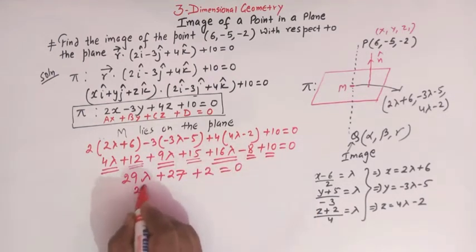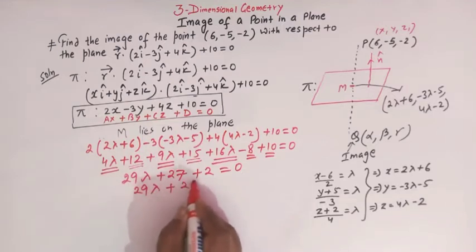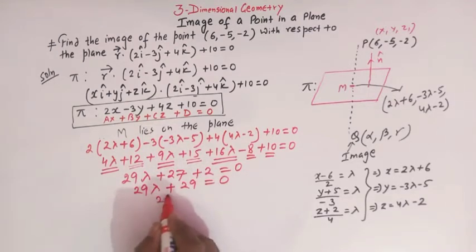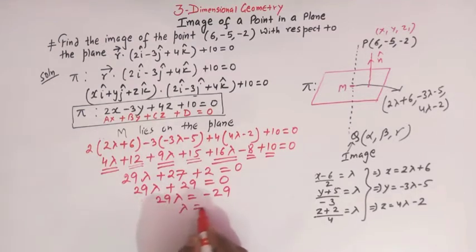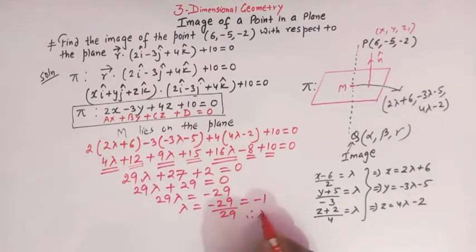Right, so we have 29λ + 29 is equal to 0. 29λ equal to -29, λ is equal to -29 over 29, that is -1. So therefore the value of lambda is equal to -1.